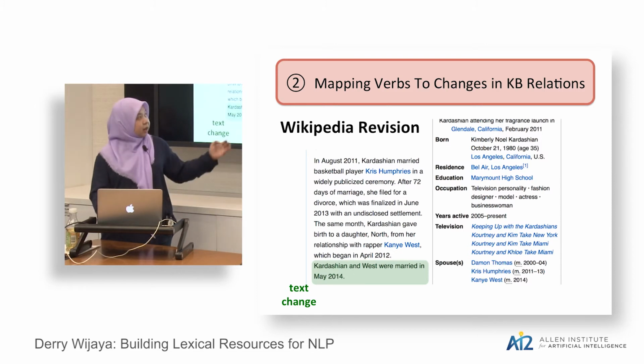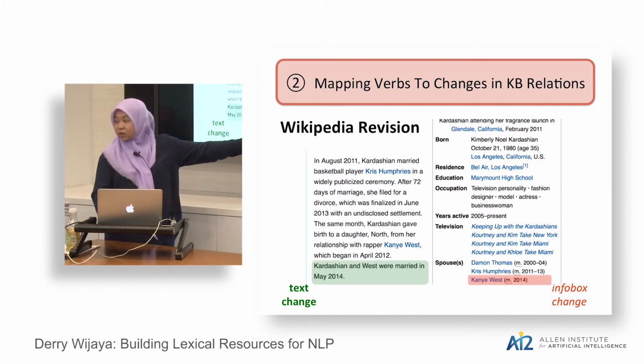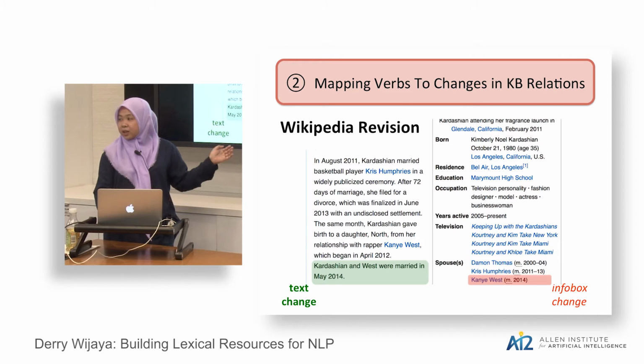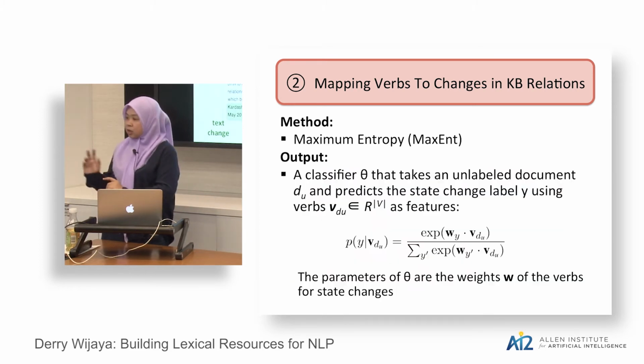So for example, in this particular date of the revision, when this person was married, an additional verb was added to its page, and the info box was also changed. So we can find the correspondence between the adding or deleting of verbs from the text page and the corresponding relation change in the info box.